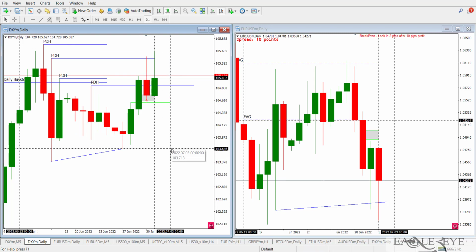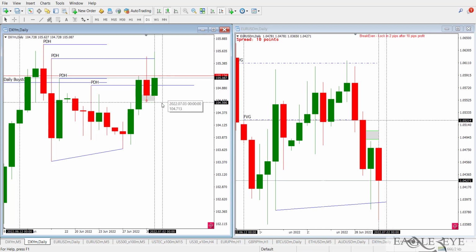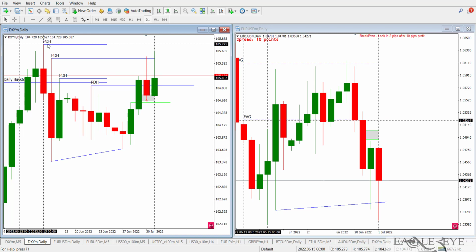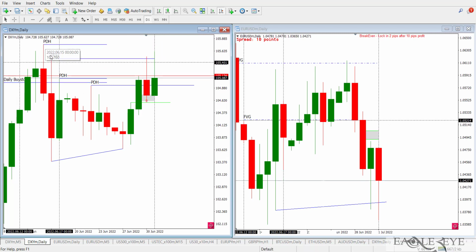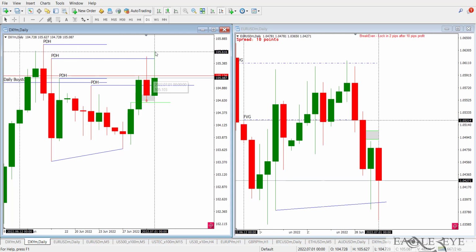So I'm still bullish. I want to see this particular high taken out. But even though we've done so much work around this particular area, price reached here and then had the retracement back down here.